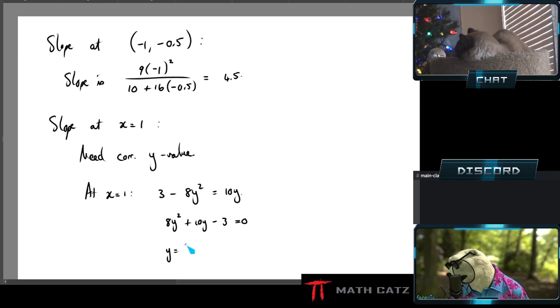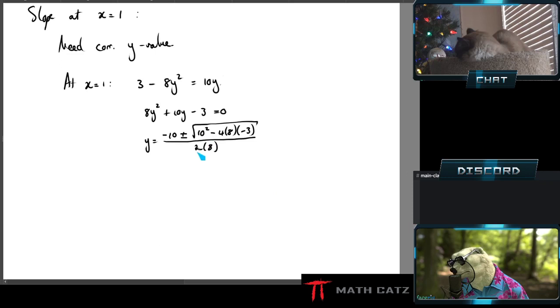Negative b plus or minus square root of b squared minus 4ac, c is negative 3, over 2 times a. I like to calculate the square root first. I don't know, just habit. What is inside that square root?